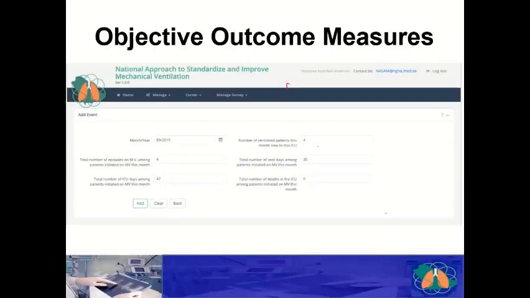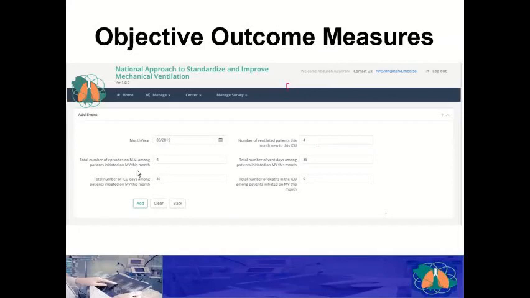We'll go to the next part, which is objective outcome measures. It's also taken from the same form. So the month here will be the same, March. The total number of ventilated patients this month new to this ICU, we had 4 patients.